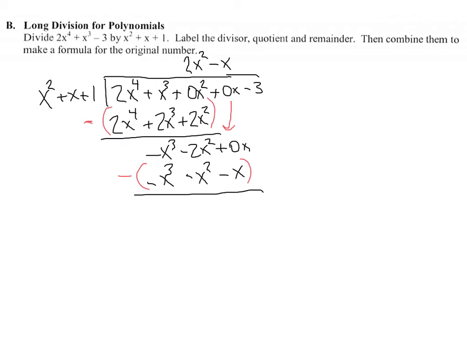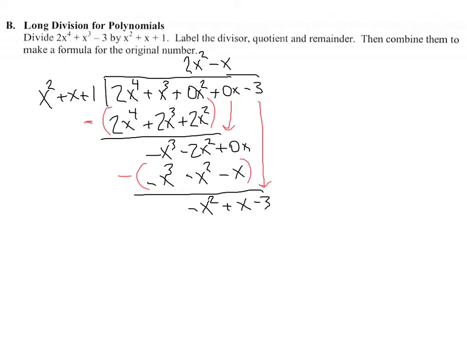Gets me a negative x squared. And then 0x minus a negative x, really plus an x for that part. Okay, so just kind of go through, check that, make sure you're following the different steps here. And at this point, we would take this negative 3, drop it down to right there.